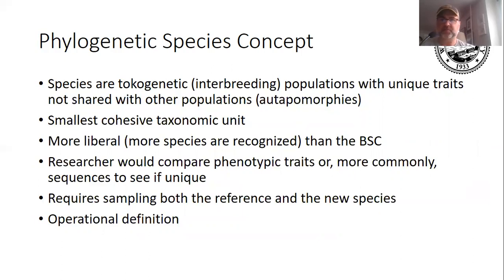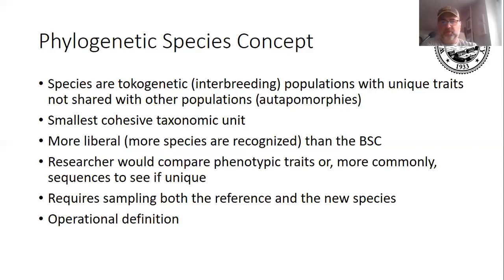What that means is, if you think about the way genes move in a population for sexually reproducing organisms, genes come together, they go back apart into their offspring, and then these offspring will reproduce with other organisms. And so genes form this webbing. Okay? And the smallest cohesive unit is a species.